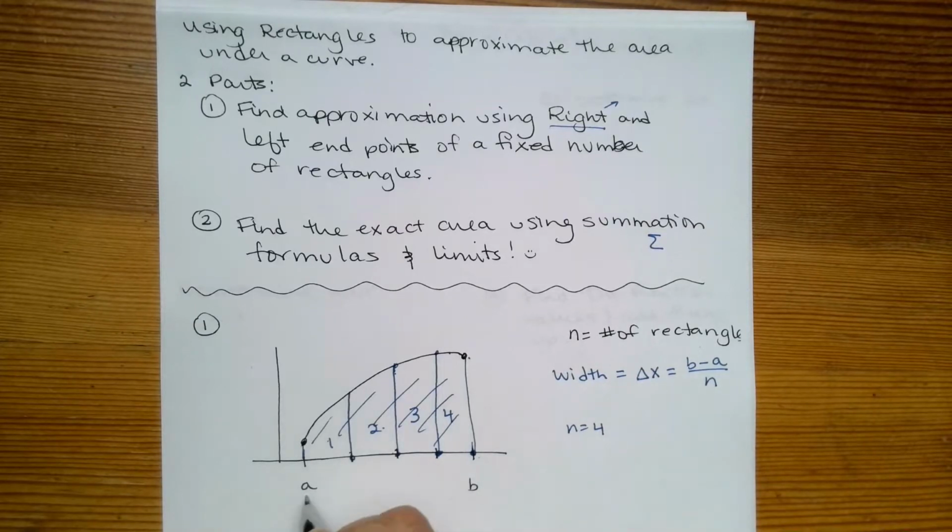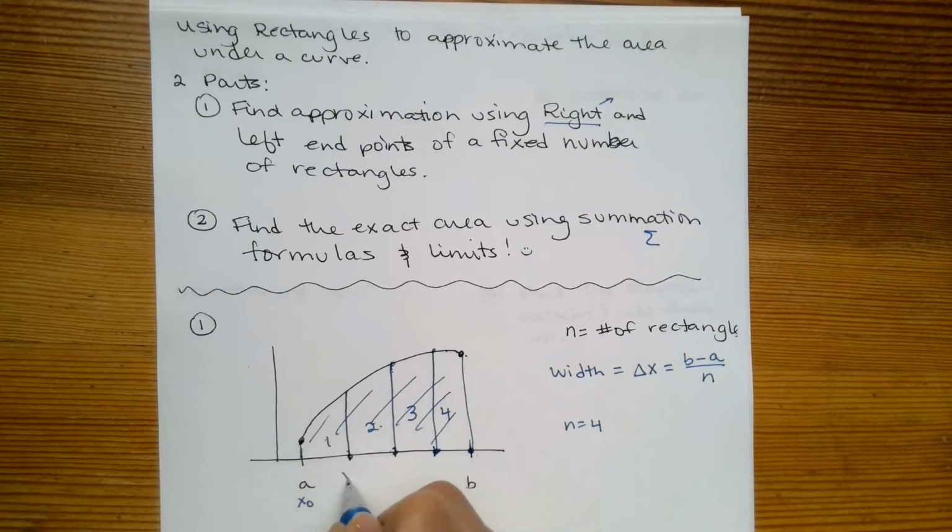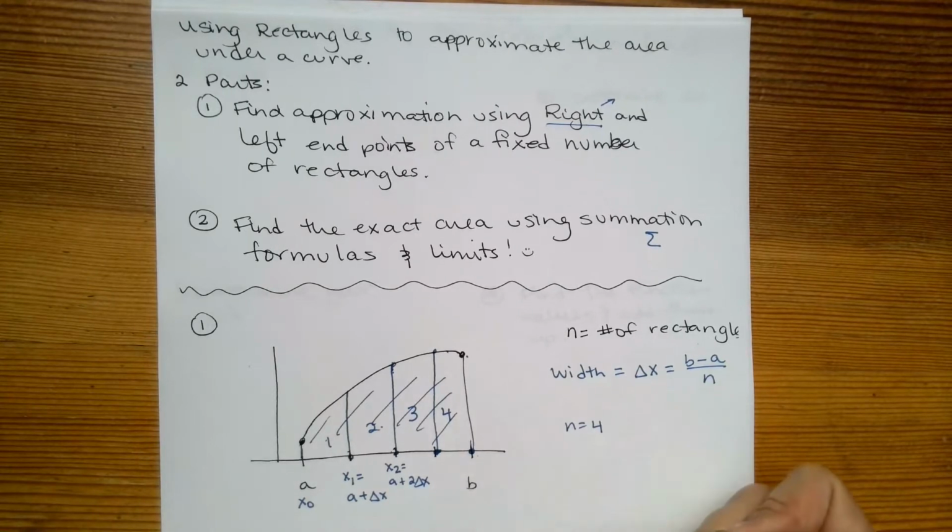Now, a, I always call x sub 0. It's our first x value. This next one is x sub 1, and that is equal to a plus delta x. It's one step across. x sub 2 is going to be a plus 2 delta x's, and so forth.